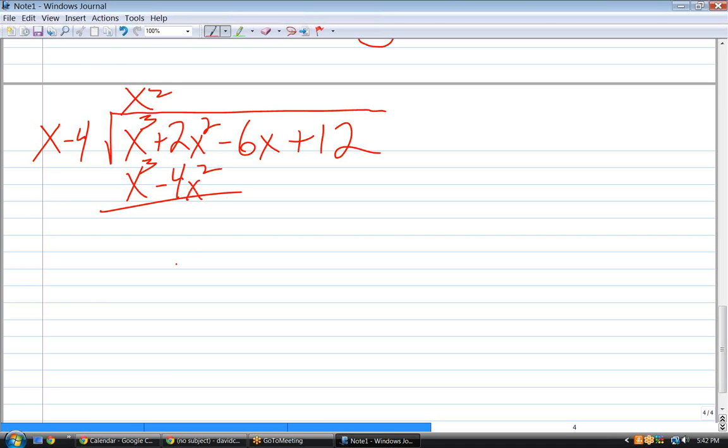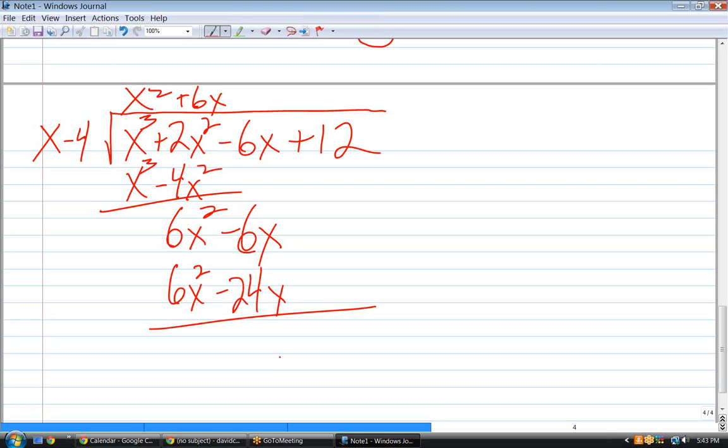Good chance for you to practice your subtraction skills. And it'd be 6x squared. And then you need positive 6x. And then multiply that and it'd be negative 24x. And then that turns into 18x plus 12.